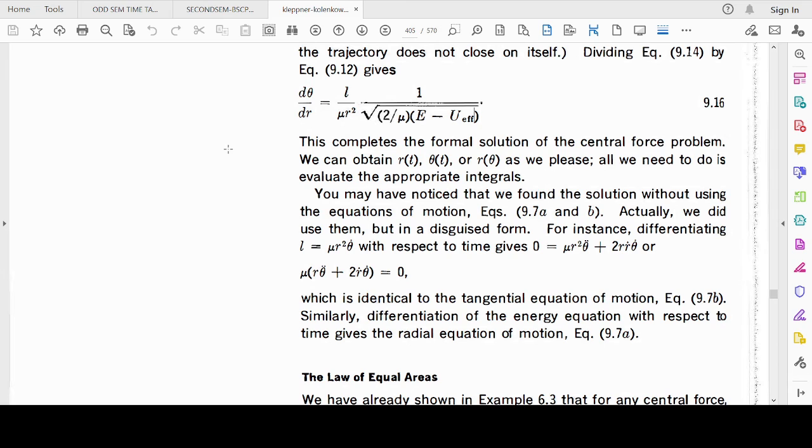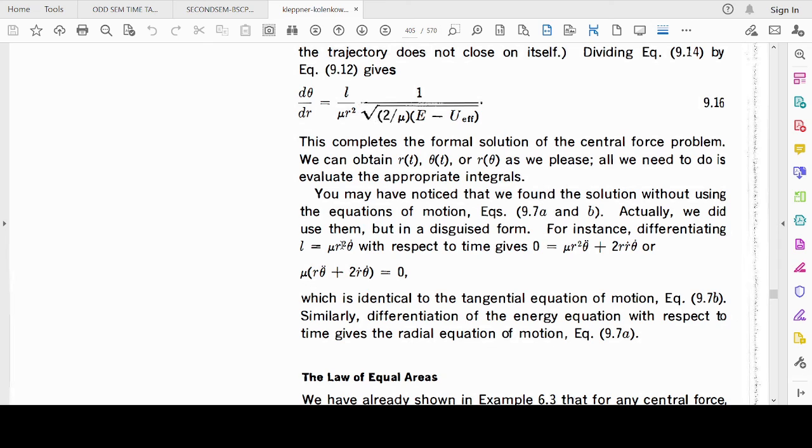One thing to note here is the angular momentum, L equals mu r squared theta dot. If I differentiate this, dL by dt becomes 0, that is, angular momentum is constant. Differentiating theta dot in the first term gives theta double dot, and differentiating r squared gives 2r r dot.